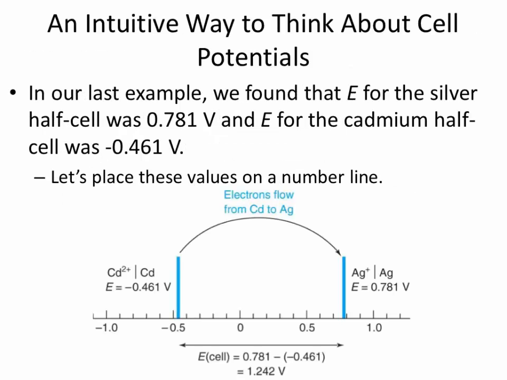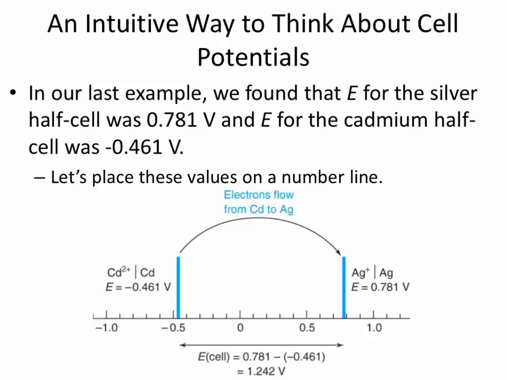Now in our last example, we found that E for the silver half cell was 0.781 volts, and E for the cadmium half cell was minus 0.461 volts. And let's go ahead and place these values on a number line. So we have our negative 0.461 volts here for our cadmium reaction, and we have the positive 0.781 volts here for our silver reaction.